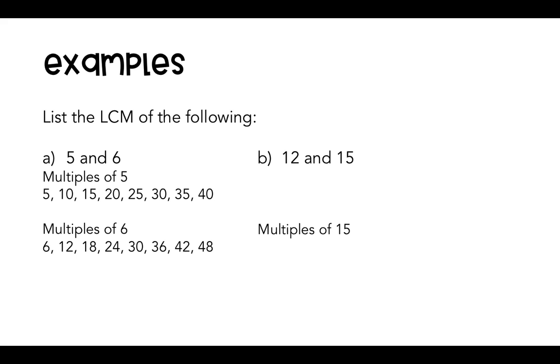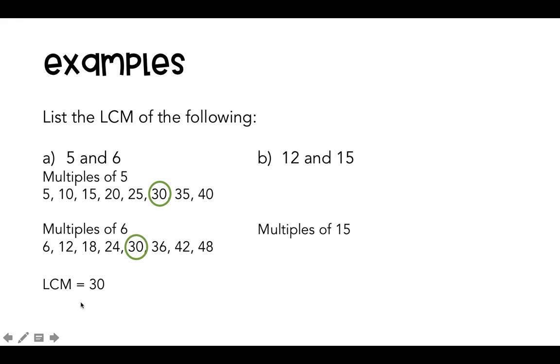Multiples of 6 are 6, 12, 18, 24, 30, 36, 42, and 48. So 8 there as well. Let's circle the common multiples here. In the 8 numbers that we've written out, 30 is the only common multiple, and of course it is our lowest. So the lowest common multiple, the LCM, equals 30.